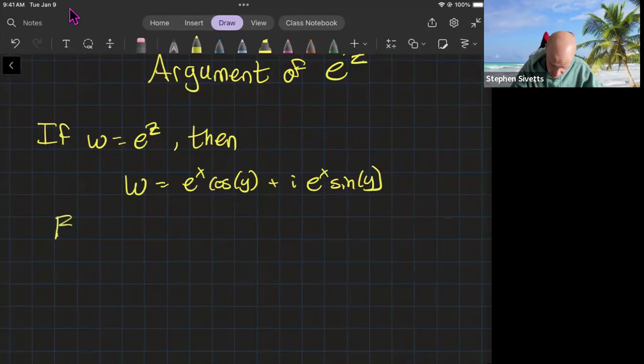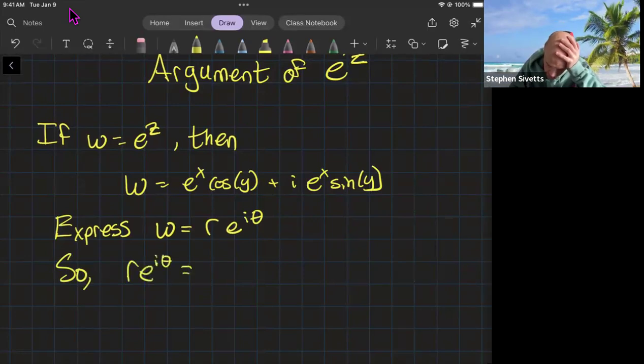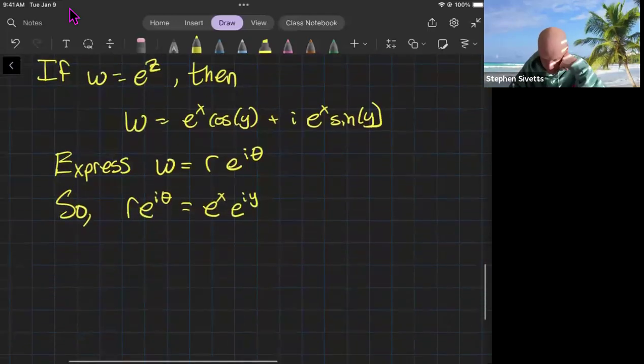So we can express w equals r times e to the i theta. What this means is that r times e to the i theta equals e to the x times e to the i y.